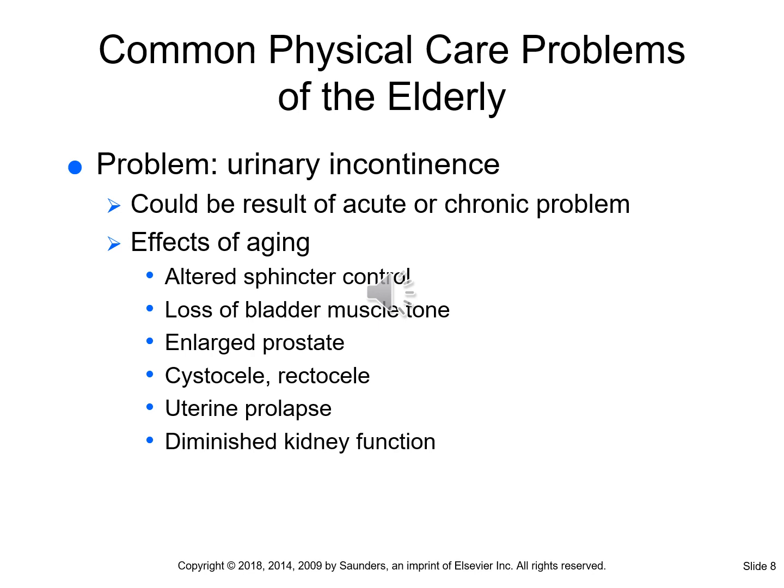Diminished kidney function. So a lot of different things can affect the aging population and cause urinary incontinence. Also, when you're younger, if you're holding your bladder all the time, you're stretching that muscle out consistently, and so that muscle tends to lose its tone. And when you get older, you can be at risk for urinary incontinence as well.